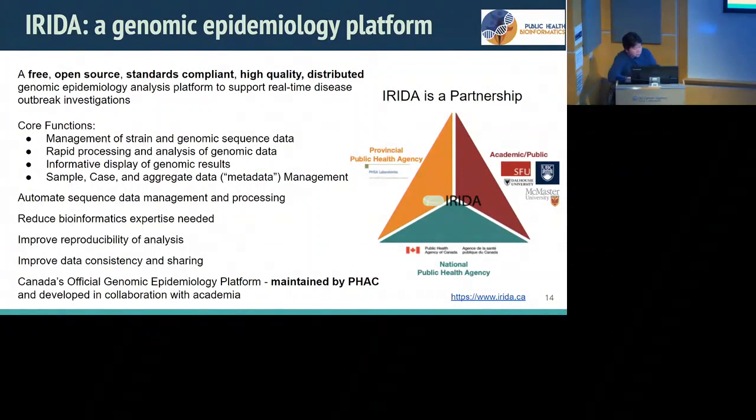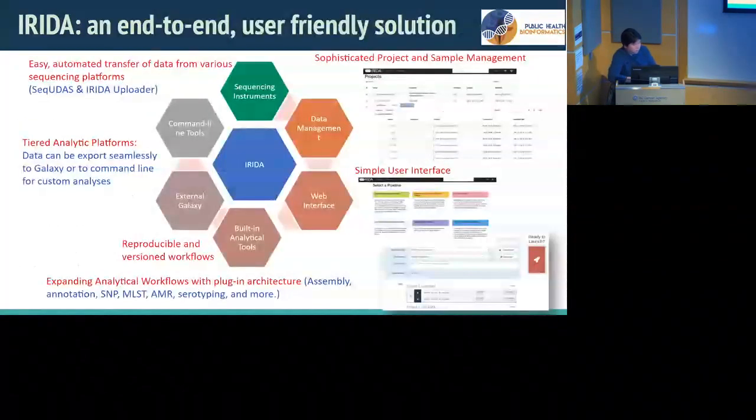It also improves the reproducibility of the analysis, as the platform keeps track of all the actions that are performed, and through standardized workflows, the results are more consistent and reproducible.